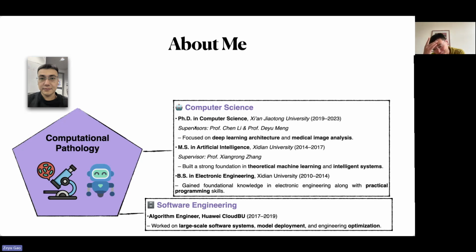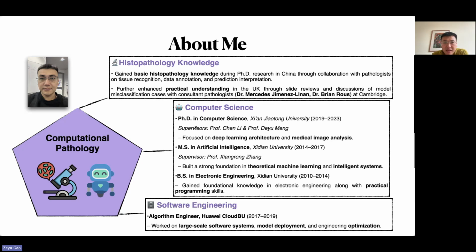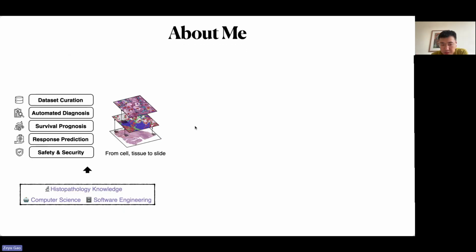I worked at Huawei for 2 years, but it was a really good experience because I learned a lot about building large-scale software and systems, and became familiar with different types of coding like C, Java, and Python. The last thing I want to mention is that because most of my work is about computational pathology, I have had a lot of opportunity to gain knowledge from collaborators, the pathologists, either from China or from the UK. It does help me a lot in developing computational pathology tools.